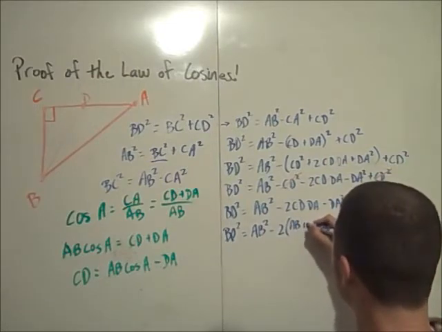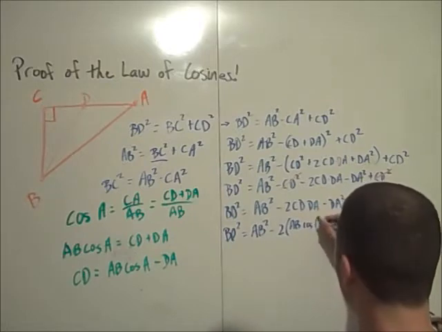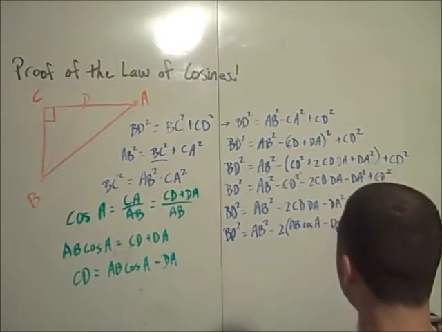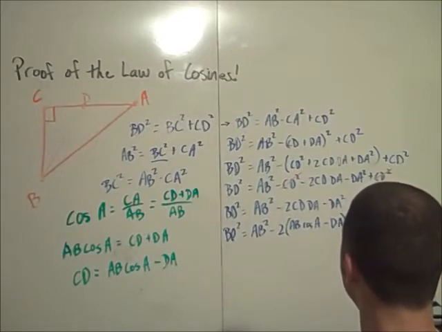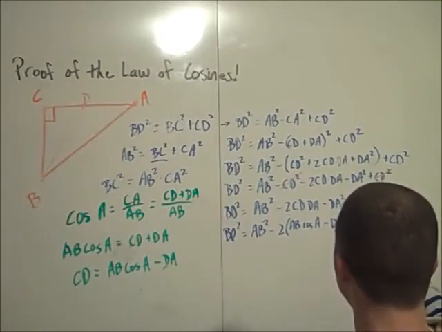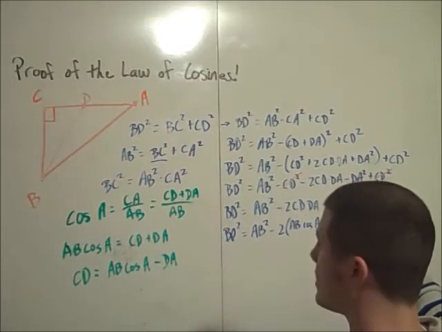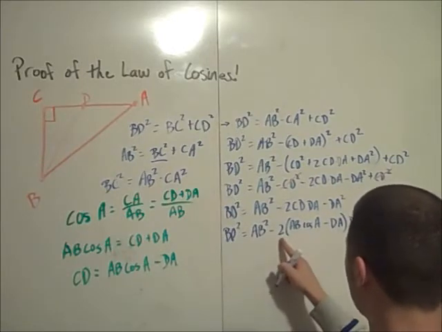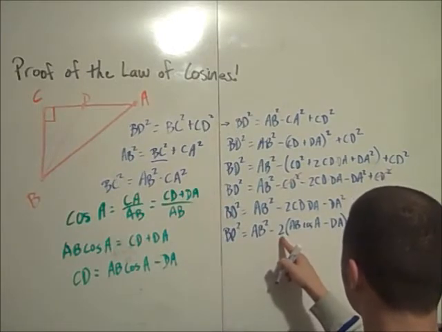Okay, so we make that substitution, and we get BD squared is equal to AB squared minus 2 times (AB cosine A minus DA) times DA, minus DA squared. Okay, so I'll distribute the 2 here.